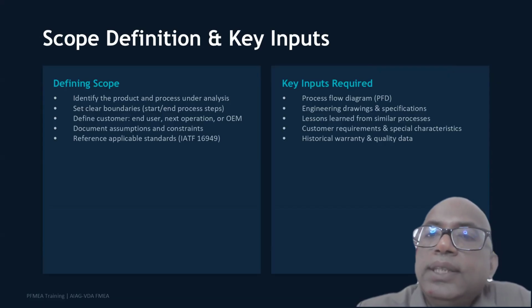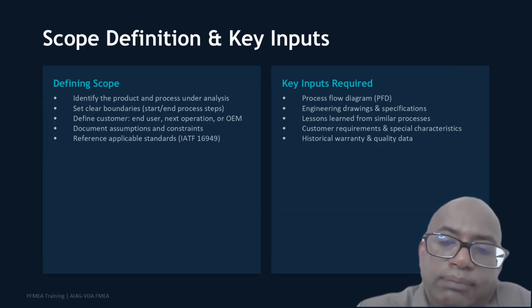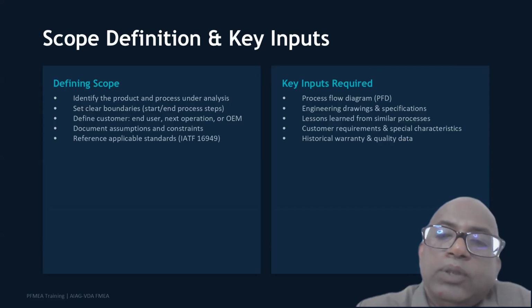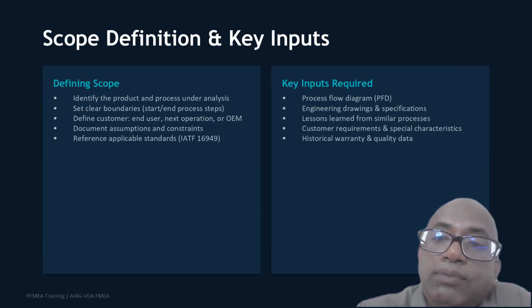All right. Engineering drawings and specifications. While I was discussing the APQP program, Advanced Product Quality Planning, I explained clearly what the engineering drawings and specifications are. Those are very important because we have to do DFMEA, PFMEA, those activities. Then lessons learned from similar processes. You should have a lot of lessons learned from similar processes, and you can use those while preparing this PFMEA.